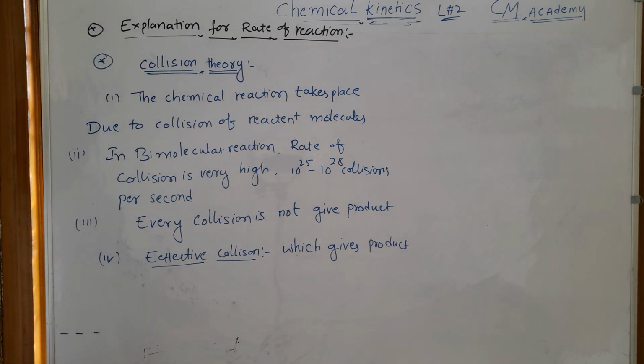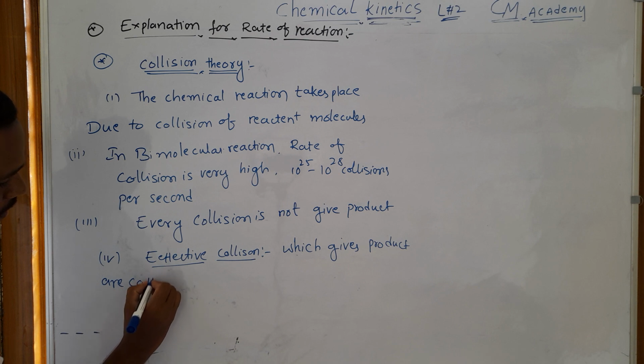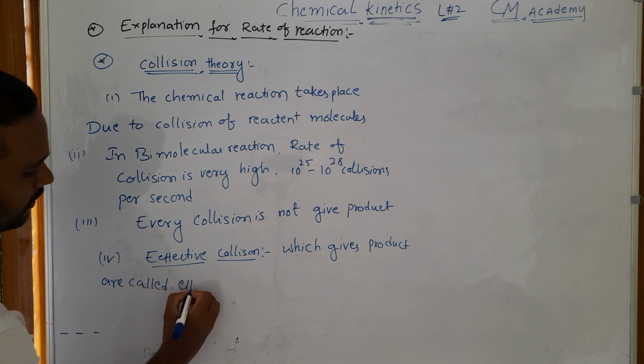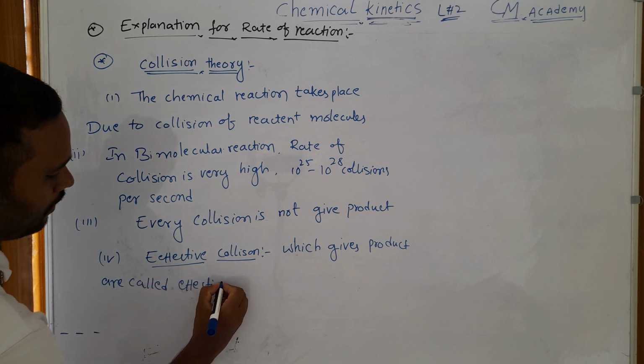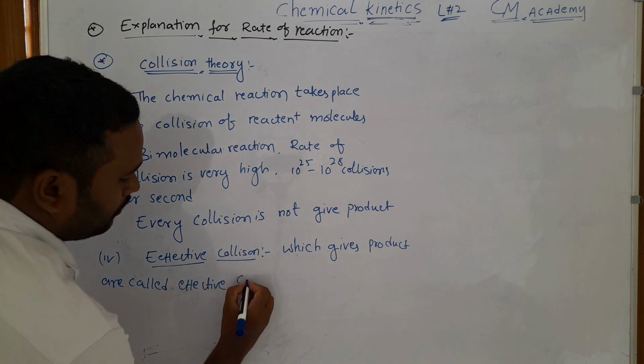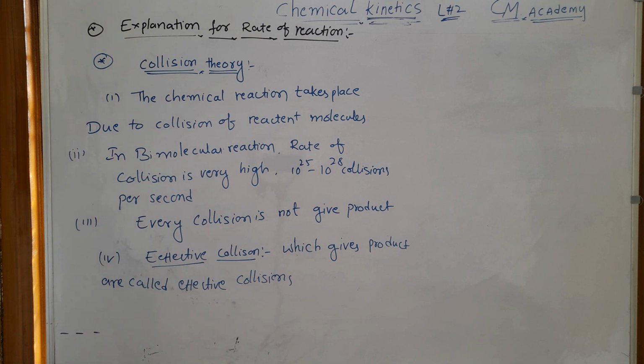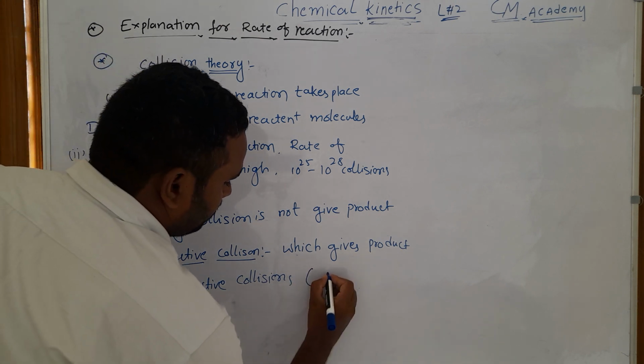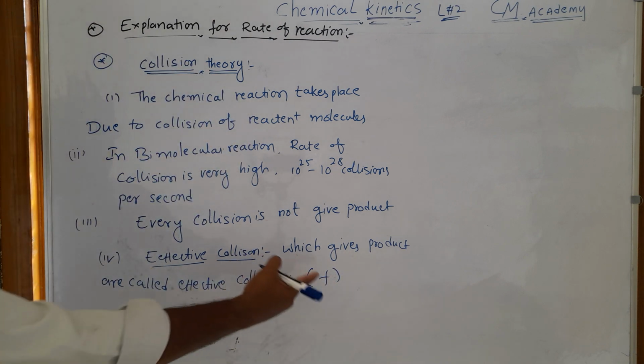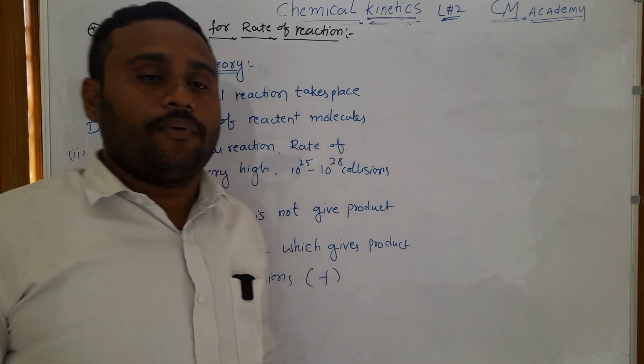The collisions which give product are called effective collisions. Effective collision is indicated with f, where f means the fraction of collisions which give the product.